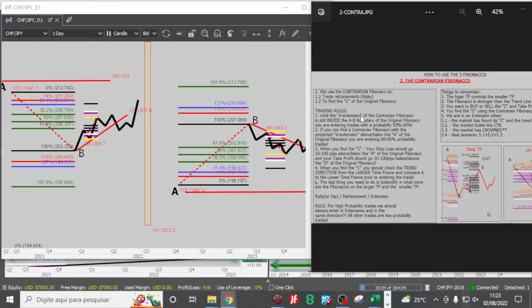Number two, if you can find the Contrarian Fibonacci with the projected de-extension, meaning sub D, above or below the capital A of the original Fibonacci, you are entering 80 to 85 probability trades.